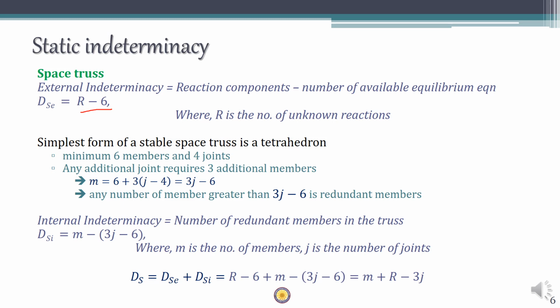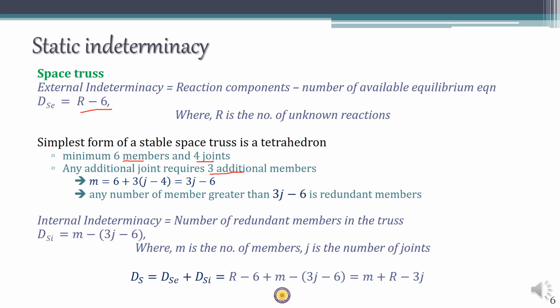We can also think about it as a triangular pyramid, imagine a triangle pyramid which has 4 triangle sides. Thinking about that, it has 6 members and 4 joints, and if you want to add an additional joint to that, we require another 3 additional members.